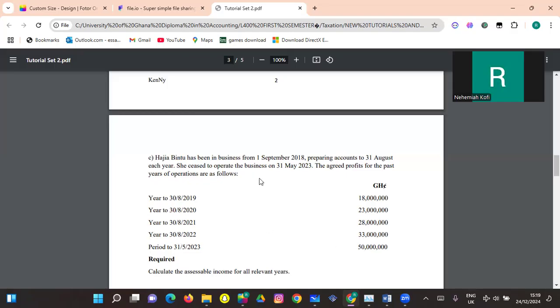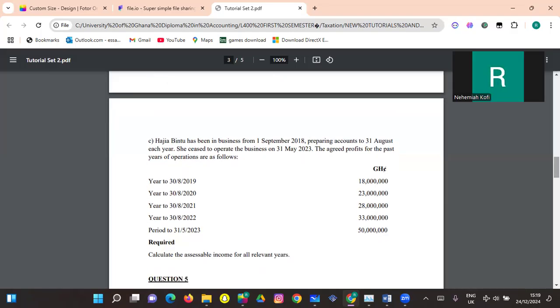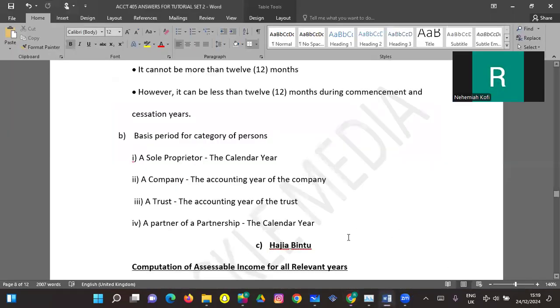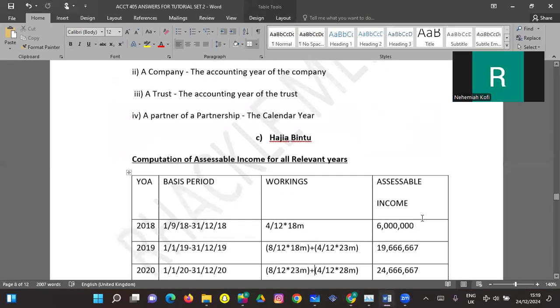Then period to 31st May, meaning it's not up to 1 year, is this. So it's not up to 12 months. Calculate the assessable income for all relevant years. So we calculate each by each, then we add all of them later.